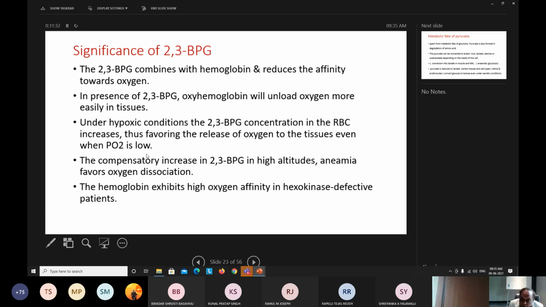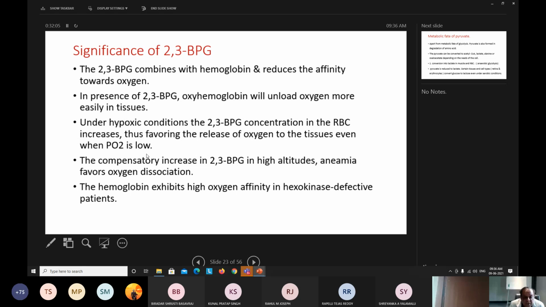The supplementation of oxygen is done in an easier way than in other conditions. Particularly under hypoxic conditions, its concentration increases in the RBC and it helps release oxygen in the tissues even when the PO2 level is low. PO2 means the partial pressure of oxygen in the blood.